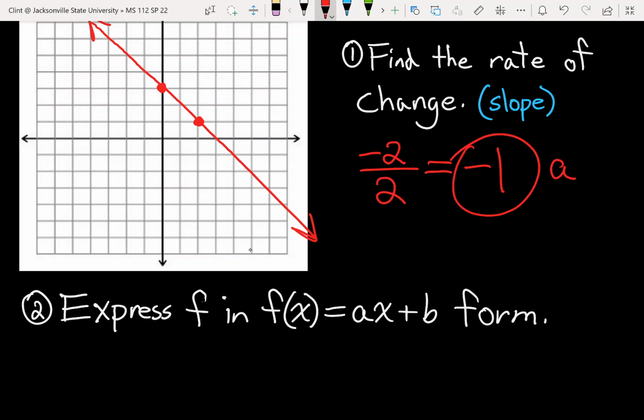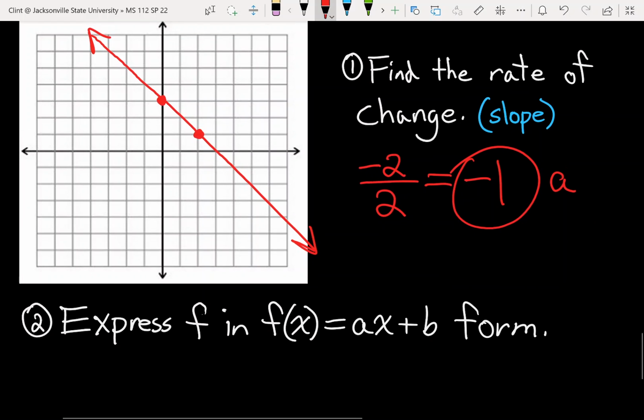The other thing I need is the y-intercept. What's our y-intercept on this one? It crosses the y-axis right there. So that's 1, 2, 3. So our y-intercept is going to be 3.